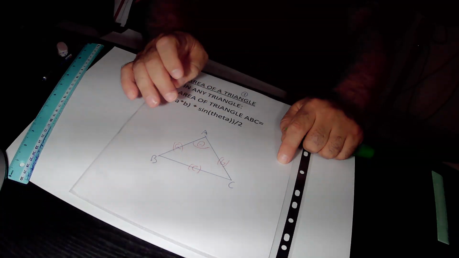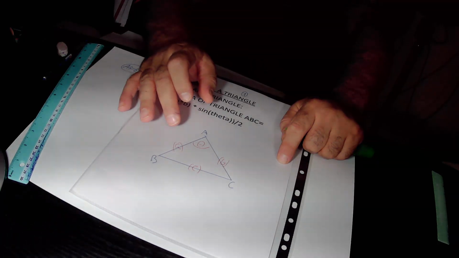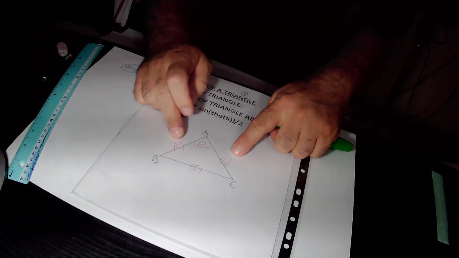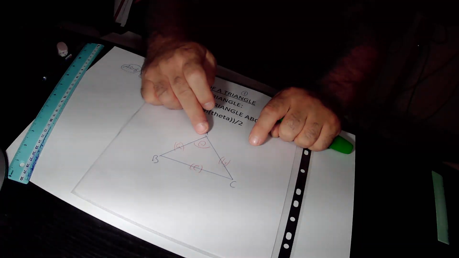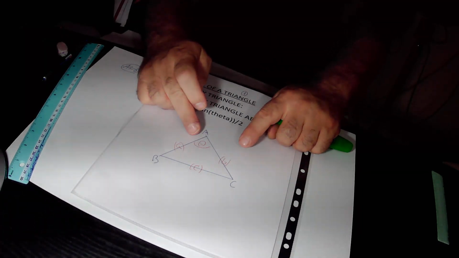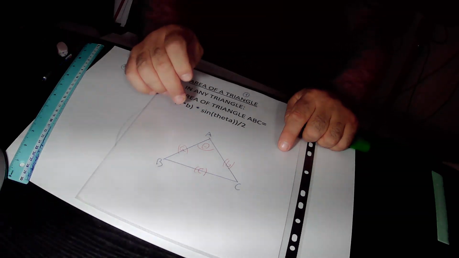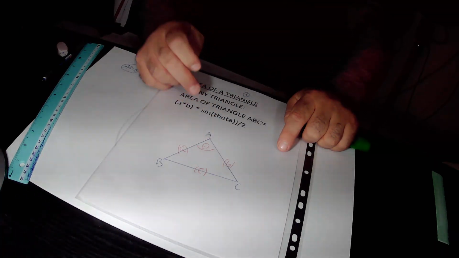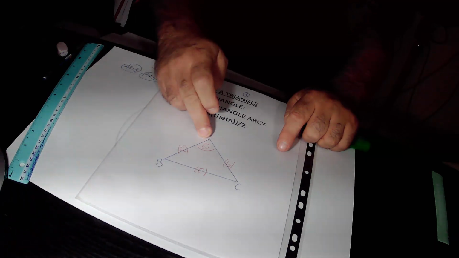So the area of this triangle ABC, that could be any triangle, equals A times B, the multiplication of two sides by each other, times the sine of the angle between the two sides, over 2. That is to say, the area of triangle ABC equals A times B times sine theta over 2.